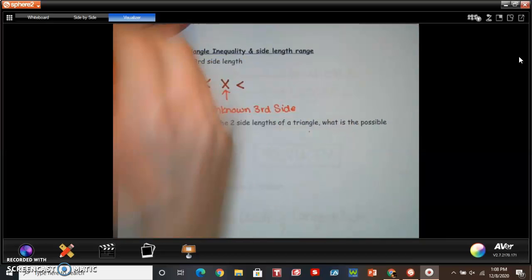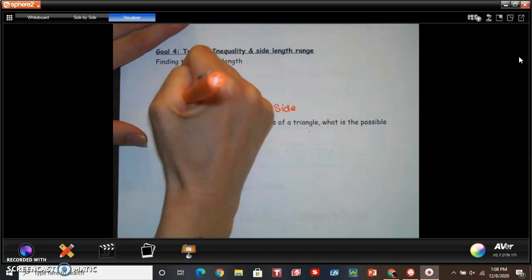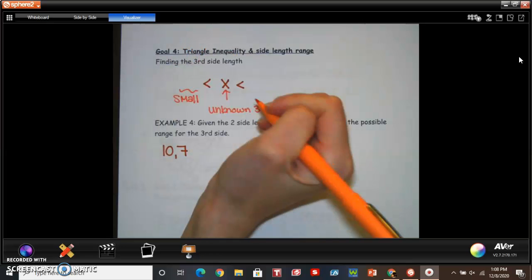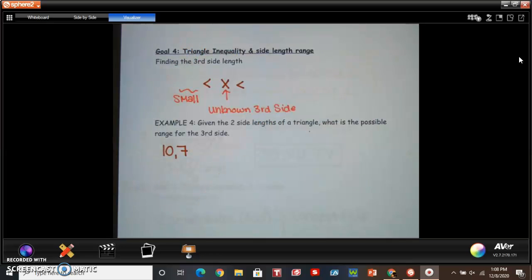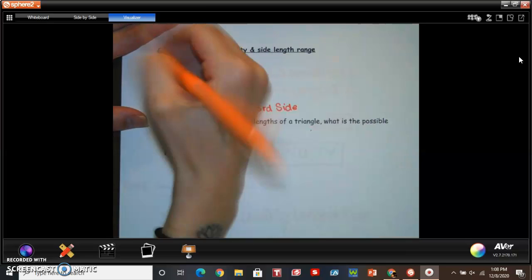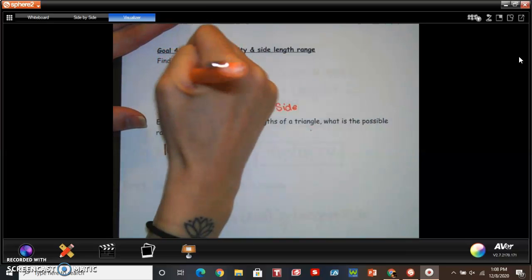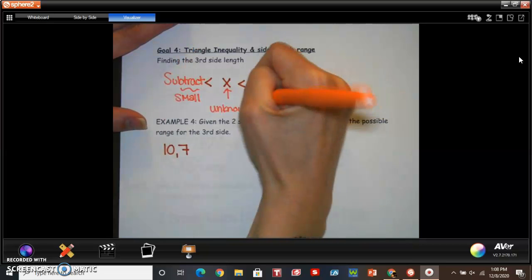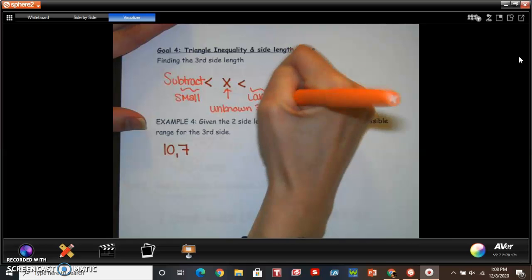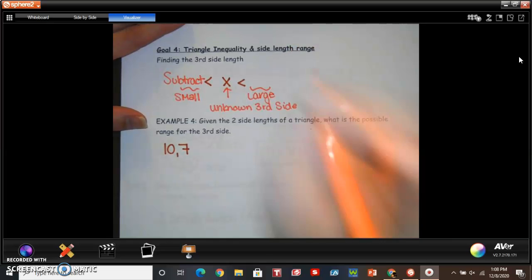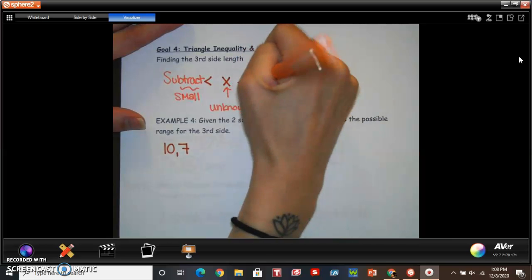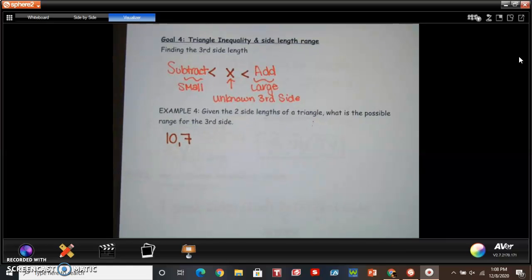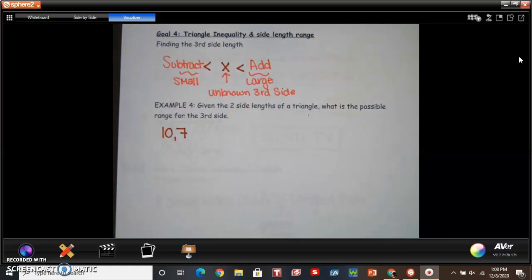So this right here represents the small one, where it starts, where our range will begin. And to find the smallest, we are always going to subtract what we have. And this over here would be the large, where we're going to end our range. And to find that, we add what we're given. All right, so let's go ahead and practice that using this theorem here to find our range.